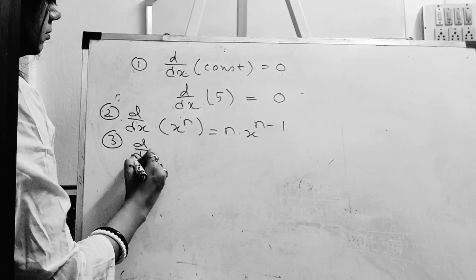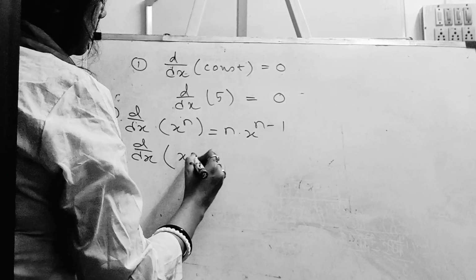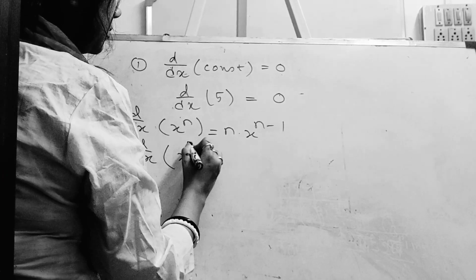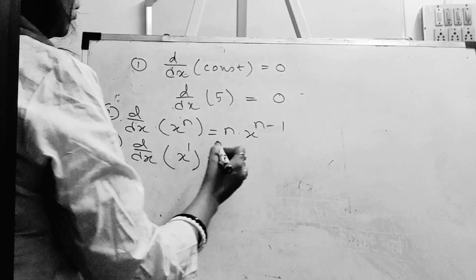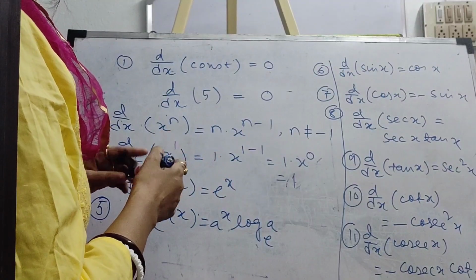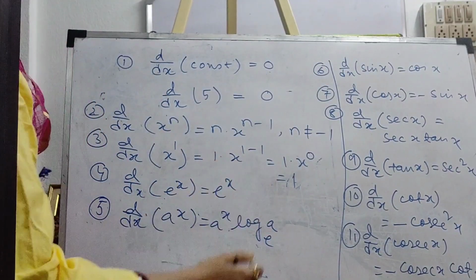The derivative of x, what will happen? Suppose it has power 1, so 1 into x to the power 0. Write it down.